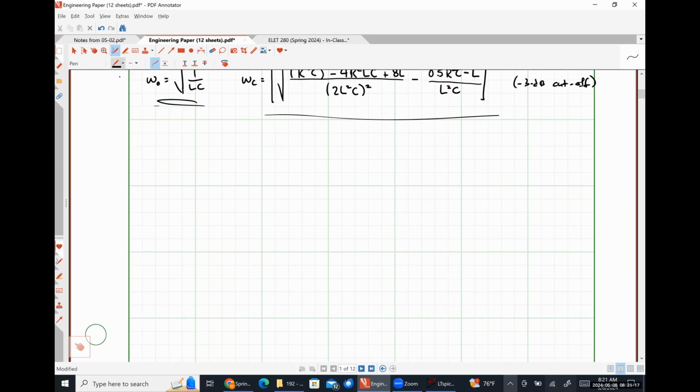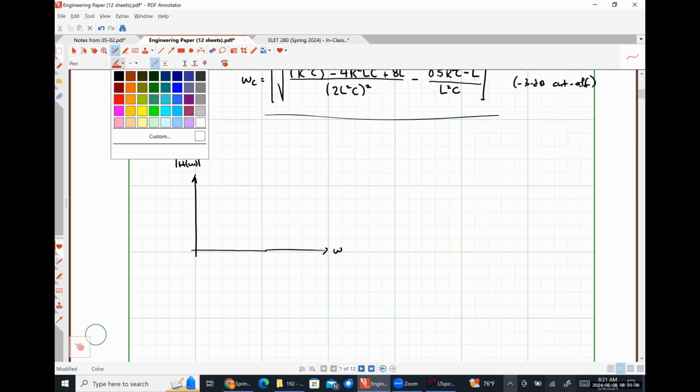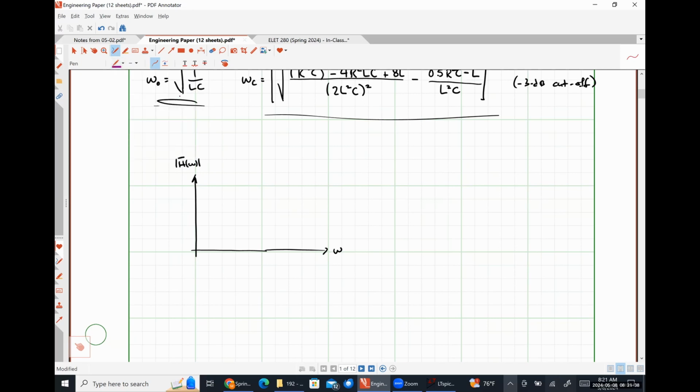would be something like this. So this would be our magnitude response of H of omega. Here's omega. So let me do what we would expect to see for a first order circuit.